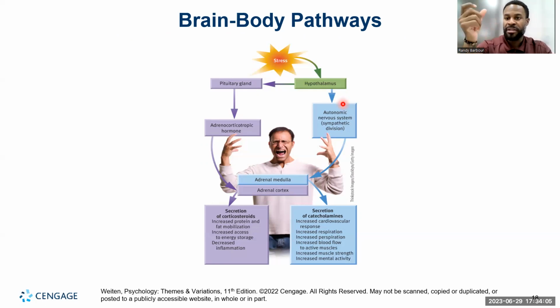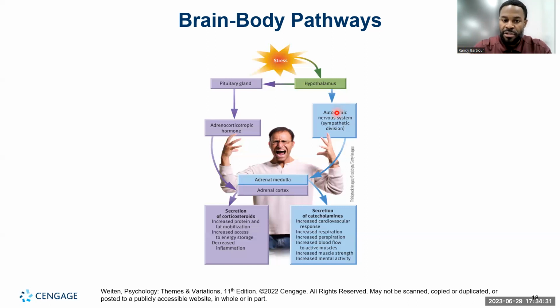If you can remember, the autonomic nervous system is broken up into two different divisions. You have the sympathetic division and you have the parasympathetic division. The sympathetic division is that system that's getting you ready for something. It's getting you ready for fighting, getting ready for flighting. It's building your system up to act, right?